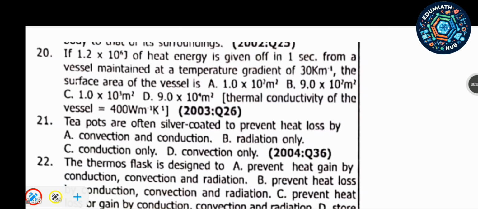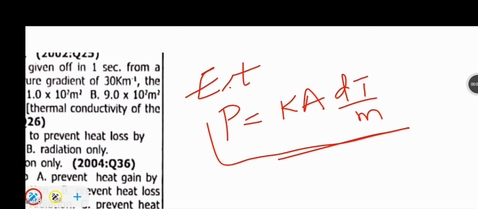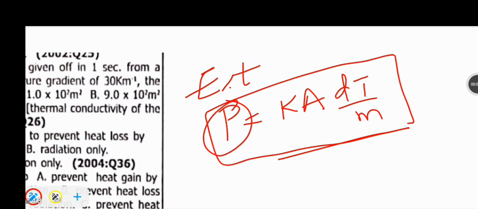It's very, very simple. Power is equal to KA dT over m. This is the formula here. So power, which is the rate of heat loss, is equal to K. This K is the cooling constant or thermal conductivity, to be given to you in the question.